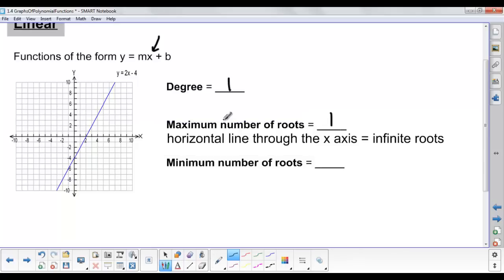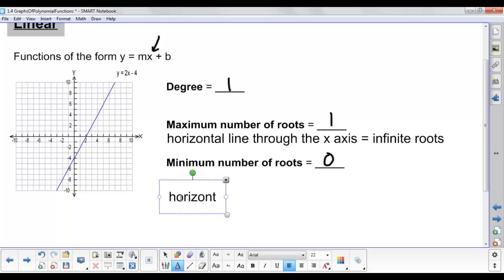The minimum number of roots that this function can have is 0, because what we could have, essentially, is a horizontal line that just doesn't go through the x-axis.